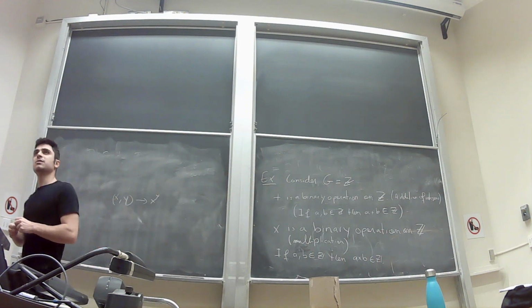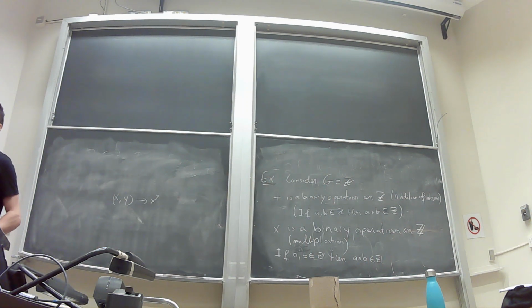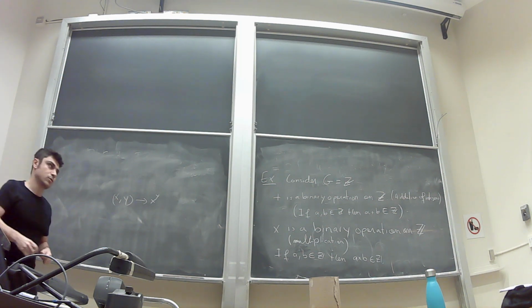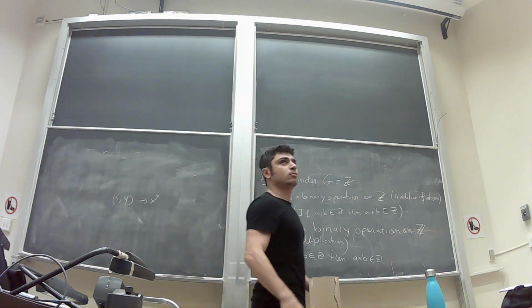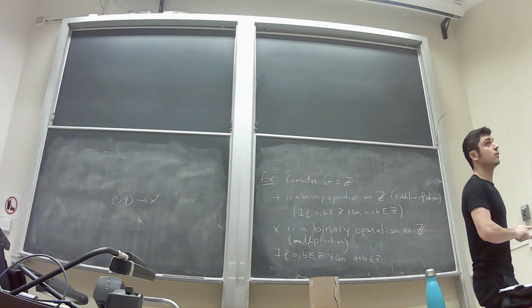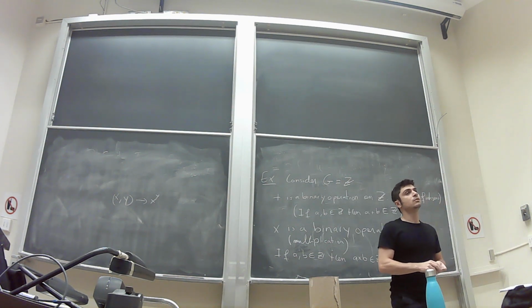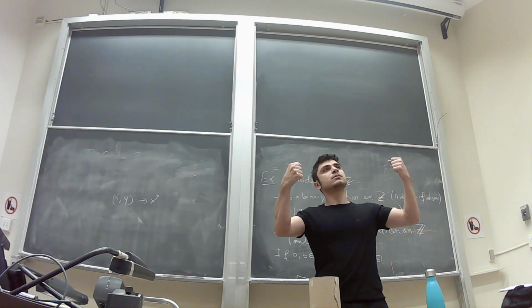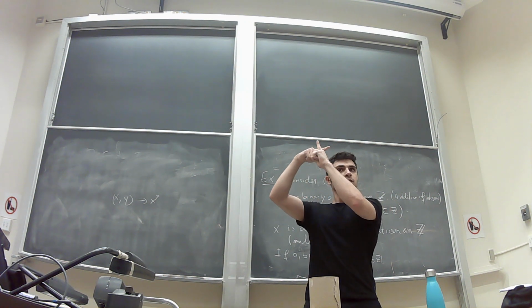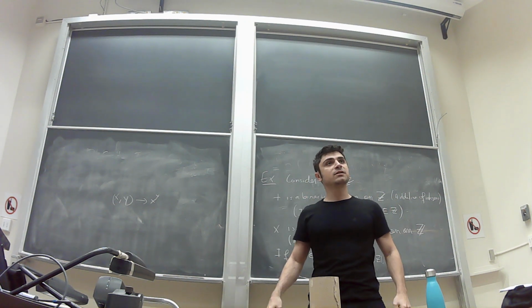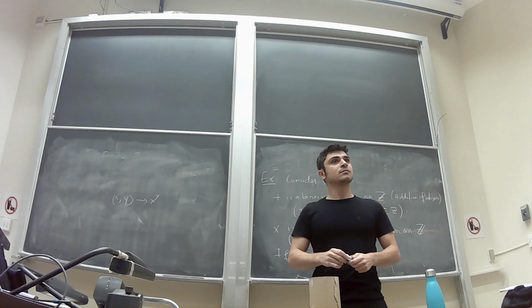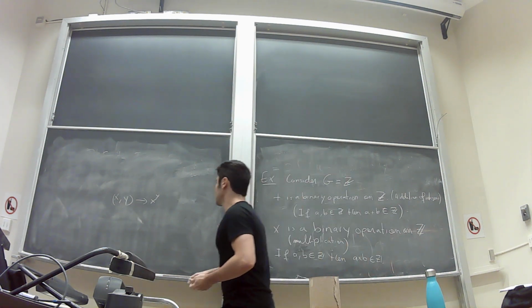Let's think about something easier. Division. On real numbers, can you always divide two real numbers? No. But what can you do with two real numbers? Add them. Multiply them. Great.